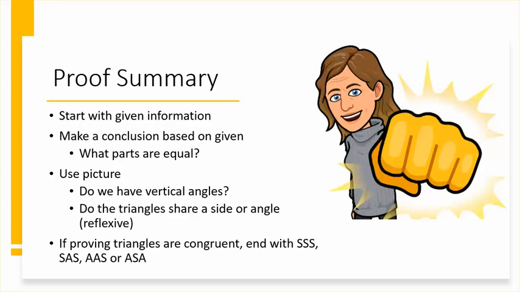Those are called reflexive. And if we're trying to prove triangles are congruent, you're always going to end with side, side, side, side, angle, side, angle, angle, side, or angle, side, angle. Proofs require some practice, but as you work through more of them, you'll catch on. I'm confident you can do this.